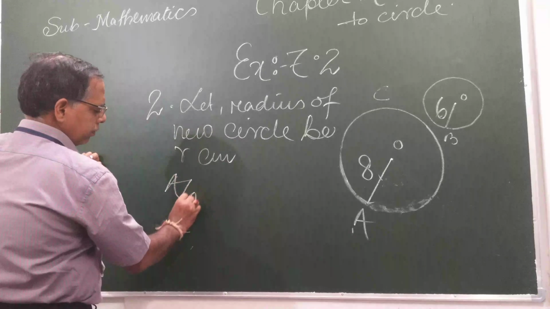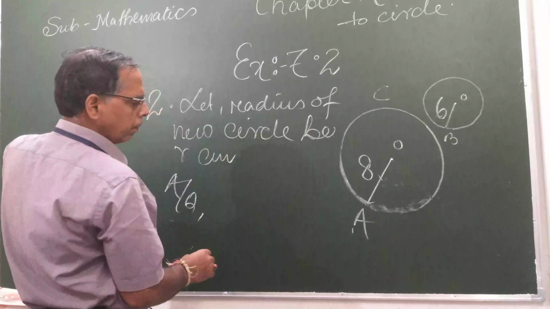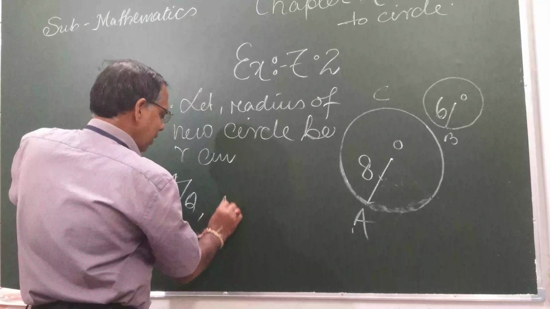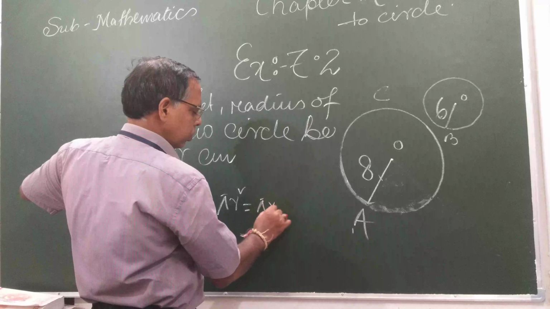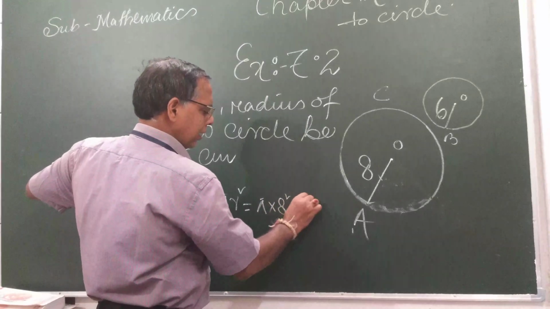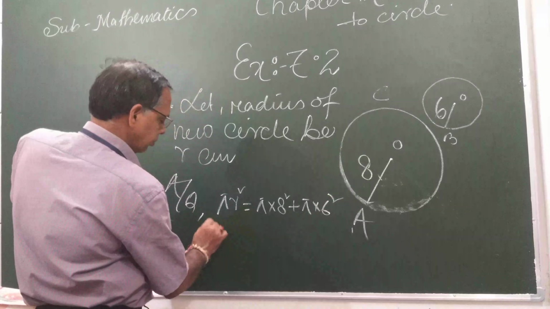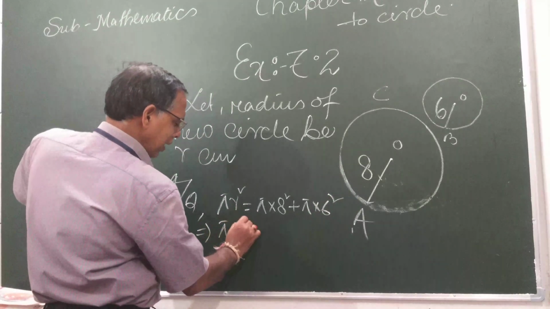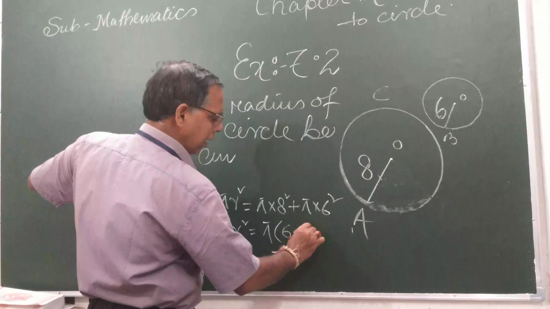According to the question, what will you do? Pi R square equals pi into 8 square plus pi into 6 square. Pi R square equals pi times (64 plus 36).